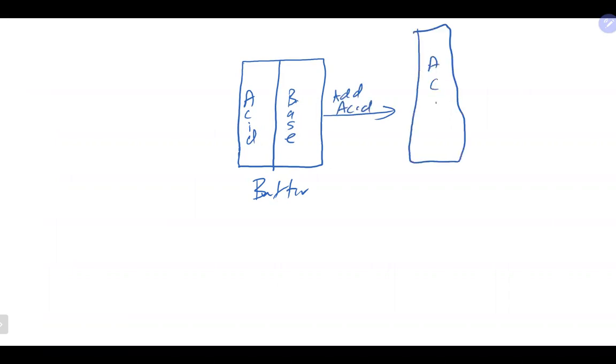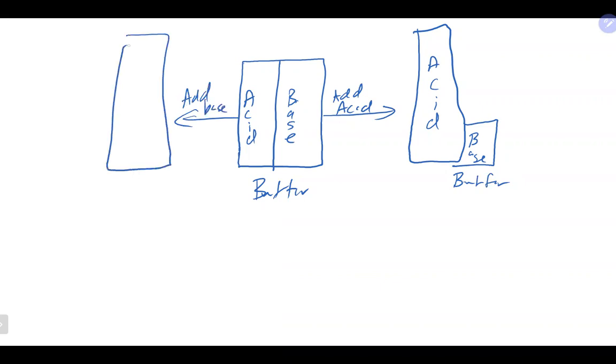So you'll make some more acid part, but use up a little bit of the base part. And when you add more base, you will make some more of the base part, exaggeratedly drawn here, and you'll use up a little bit of the acid part of the buffer.